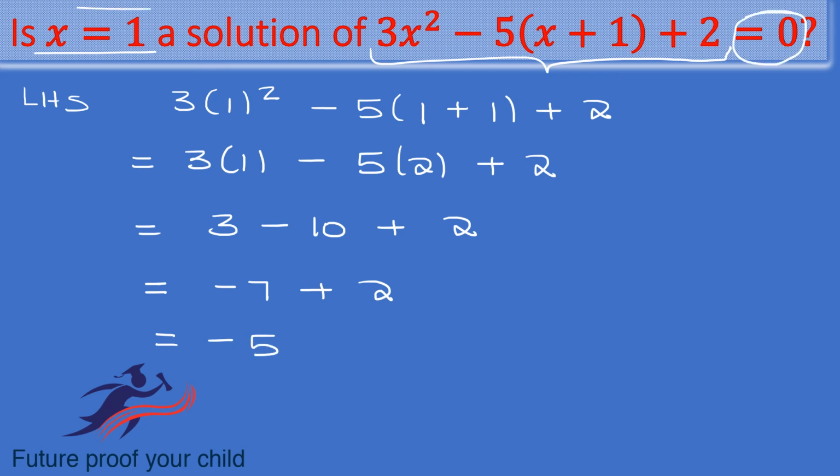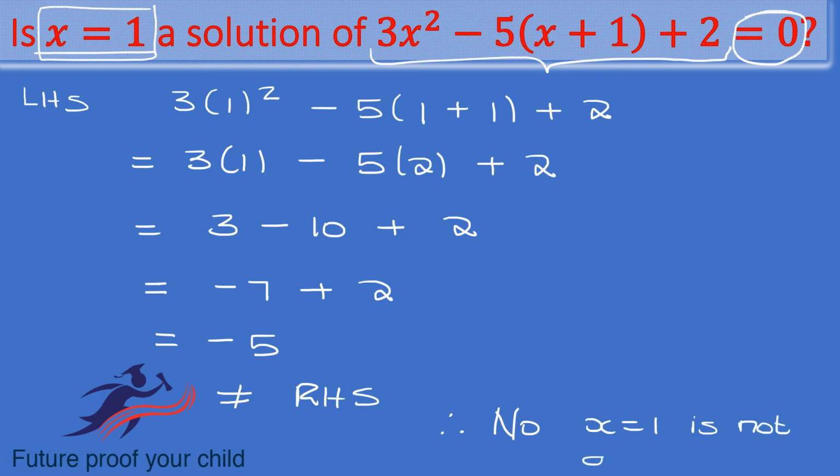So will this x equal 1 work? No, it doesn't work. Why not? Because it's not equal to my right-hand side, which is 0. So therefore, no, x equals 1 is not a solution, because the left-hand side will not equal the right-hand side.